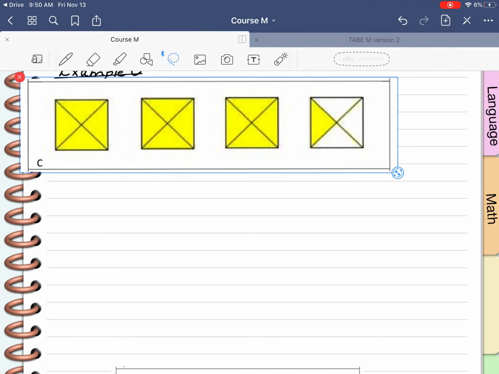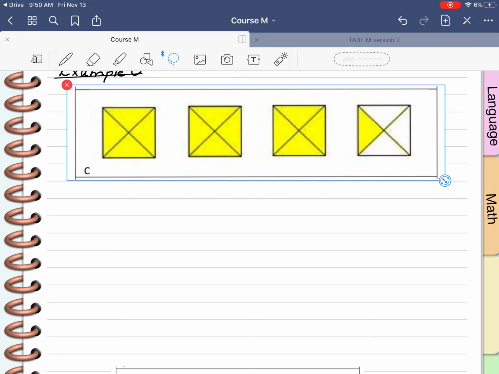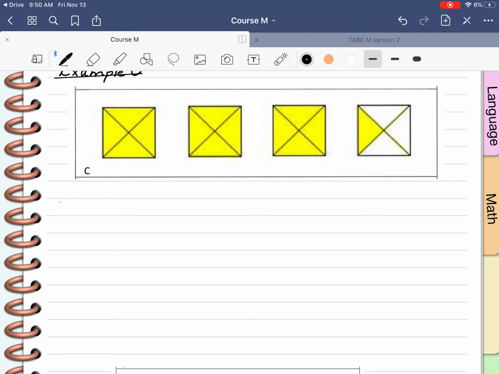Let me enlarge it just a little bit. And let's visually look at this and get the mixed number. I know you're tired of writing these terms, but I am trying to build this vocabulary into your thinking. There are 3 whole squares and 1/4 of another one.